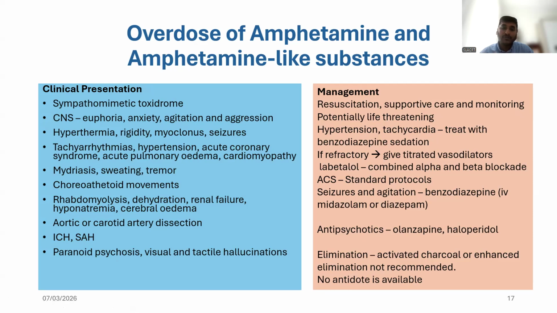And when we see a patient with hypertension and tachycardia, if the heart rate is very high, we would tend to give a beta blocker, which we should not attempt at all. What we first try is to give benzodiazepine to sedate the patient, and that will also improve the agitation.